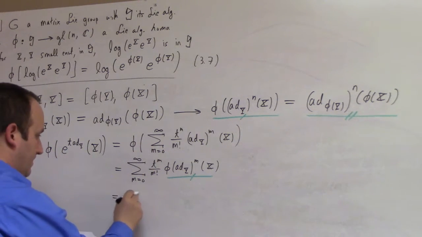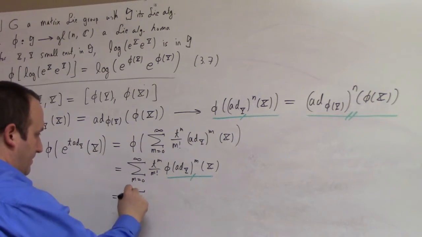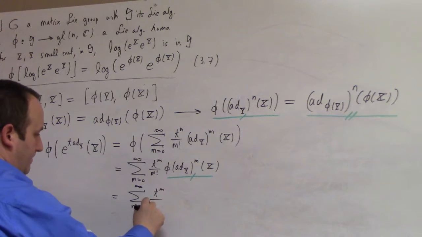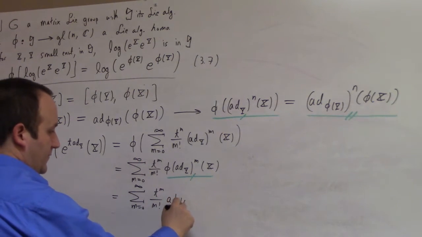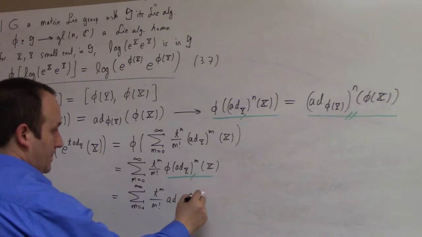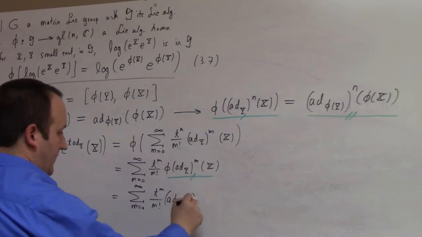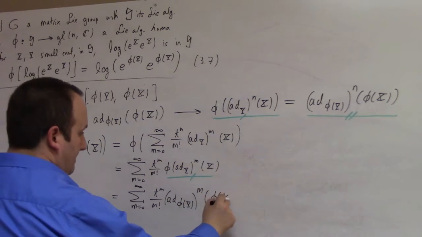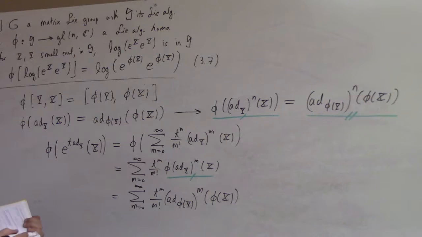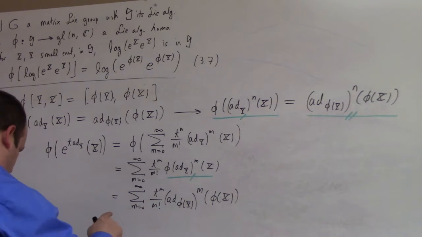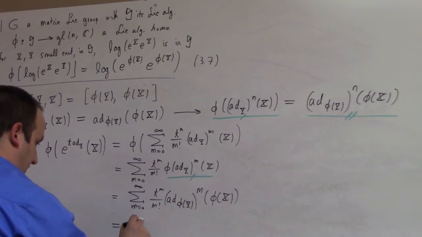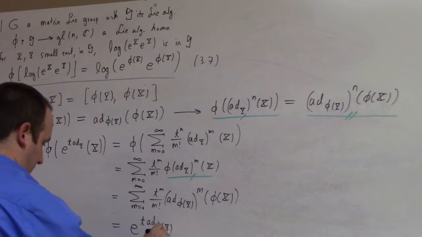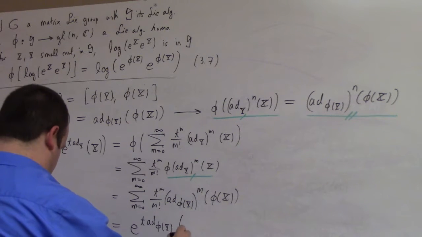So it's the adjoint of phi of y, m-fold, acting on phi of x, right? But this is exactly the exponential of t times the adjoint of phi of y, right? That operator acting on phi of x.